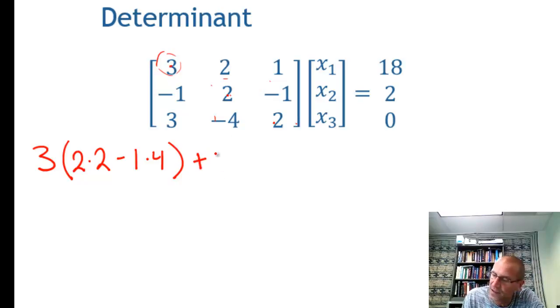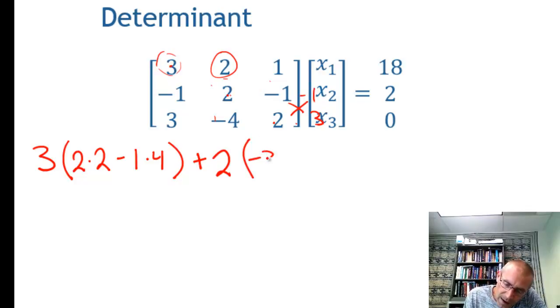I'm going to add this to 2, that's my middle one over here, and now I'm going to have the determinant, and usually what you do is repeat these values. So I'm going to have a minus 1 and a 3, and I'm going to look at those two values right there. So what I end up having is minus 1 times 3, and then I'm going to subtract minus 1 times 2.